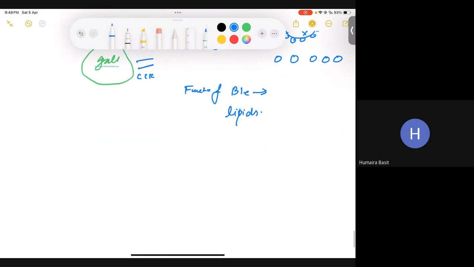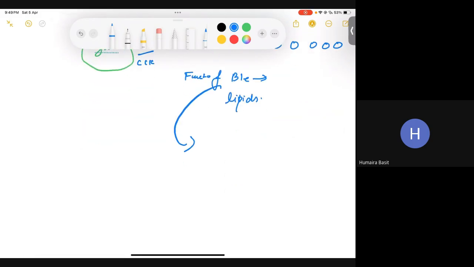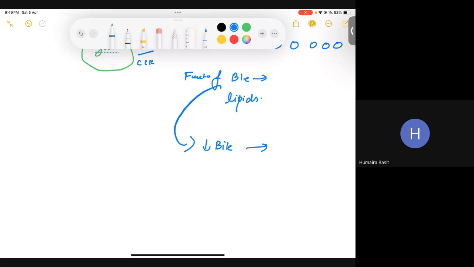Another point you have to keep in mind: whenever we have less bile, your calcium is going to bind to fat. Or I can say that bile prevents calcium from binding to your fats. Let me write it down clearly.